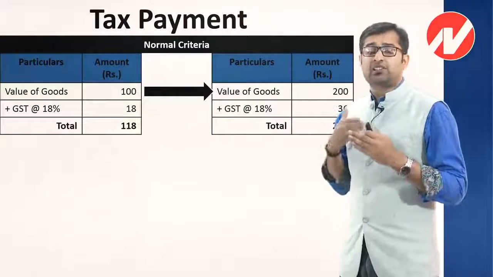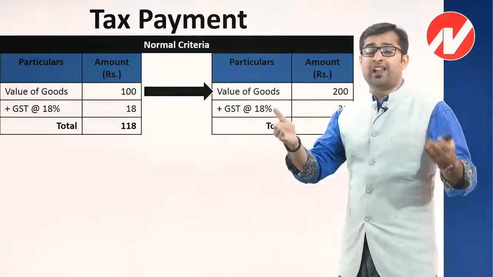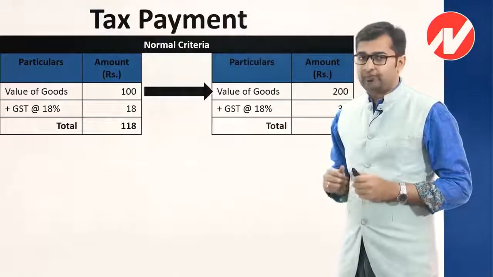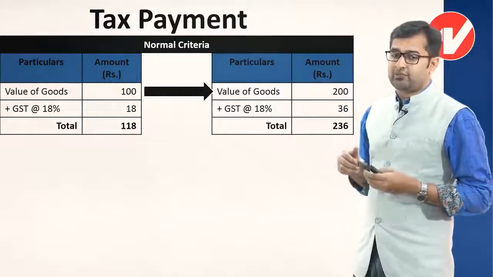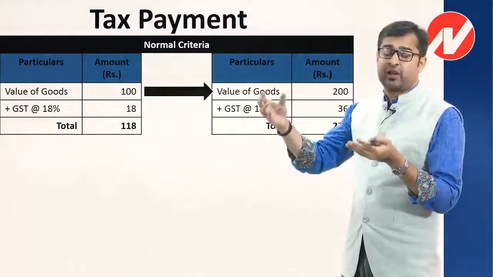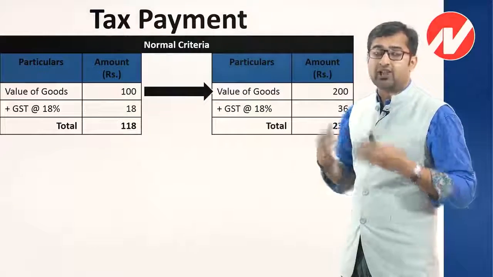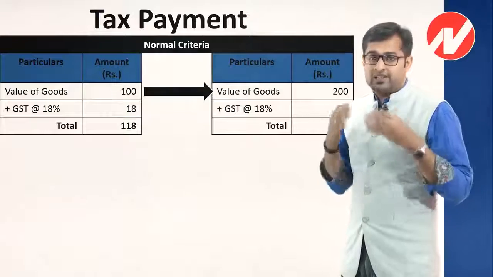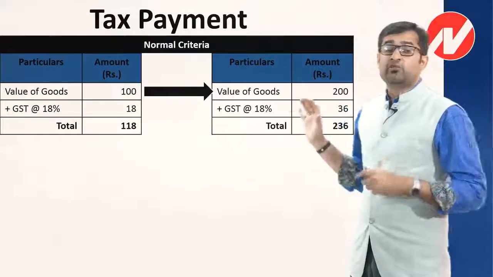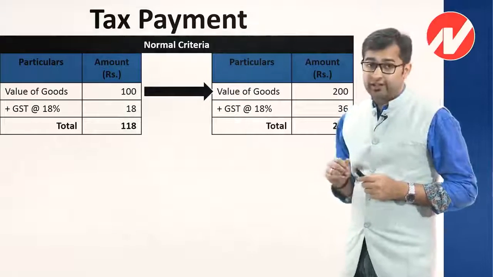Now the point is 36 is my output tax payable while my inward tax is already 18. So I'll set off that and I'll pay 18 rupees extra. And I'll charge 236 from my customer. I'll tell him that 236 out of which 200 is my product value and 36 my tax amount. You give me 236. When you give me 236, I'll pay 18 rupees out of that to the government. So ultimately this is what happens when you are under normal category.